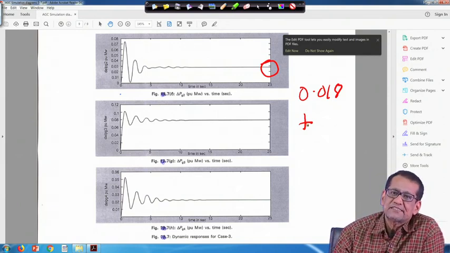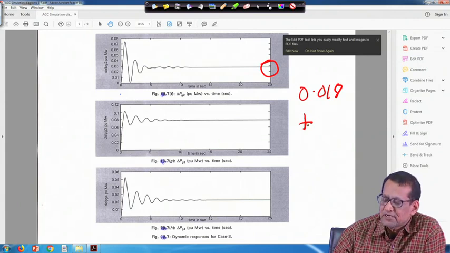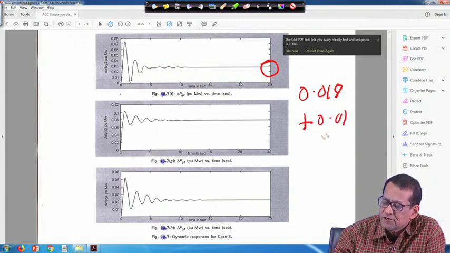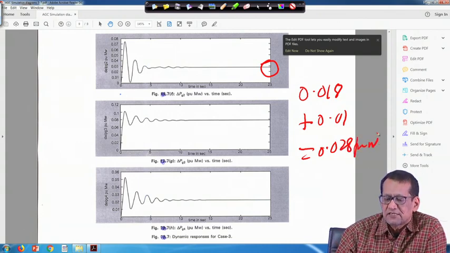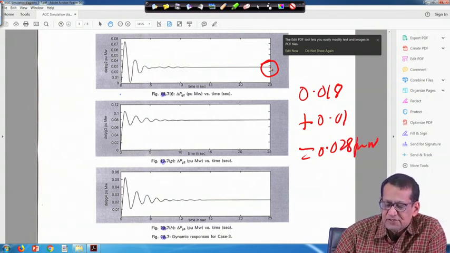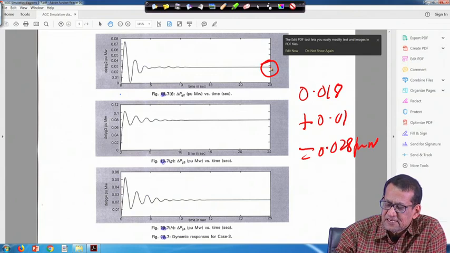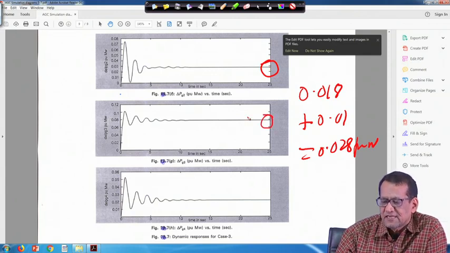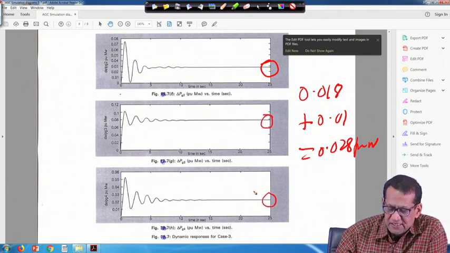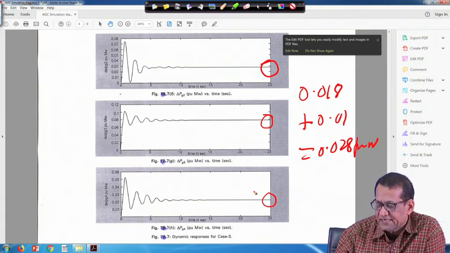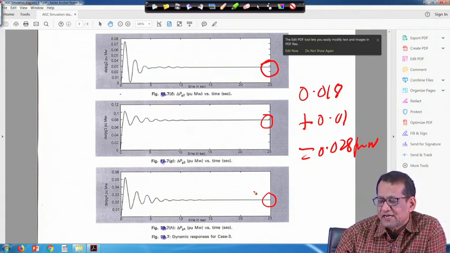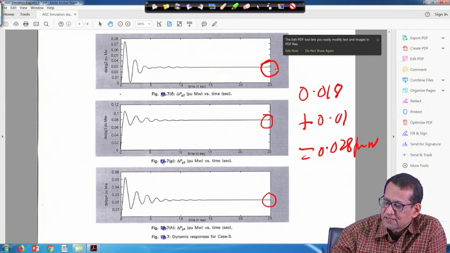So 0.04 excess demand into 0.25 is 0.01, that I told you, so that is actually 0.028 per unit megawatt. But delta Pg3 and delta Pg4 will remain unchanged at steady state. So this is 0.078, and this is actually 0.018. So these are the responses.